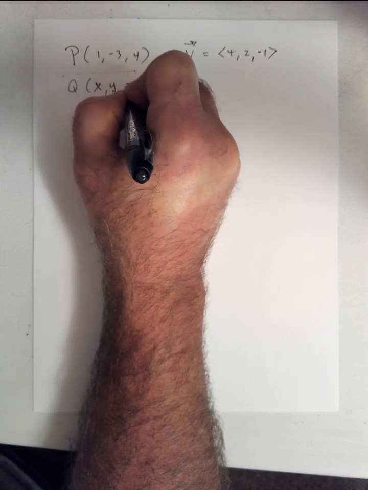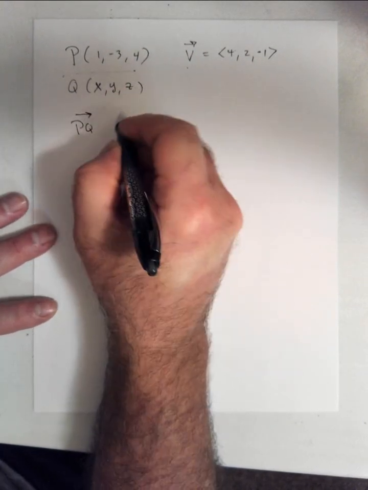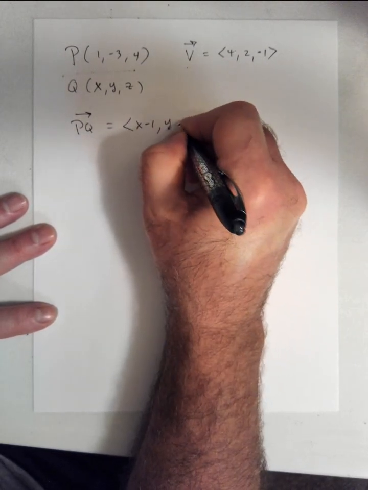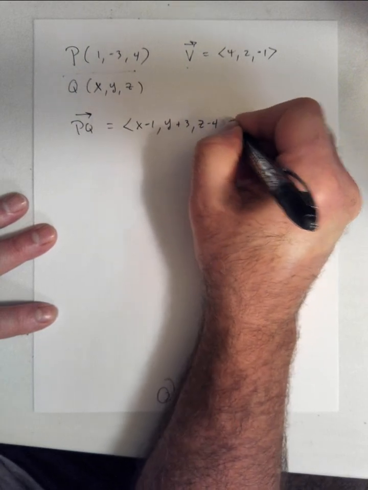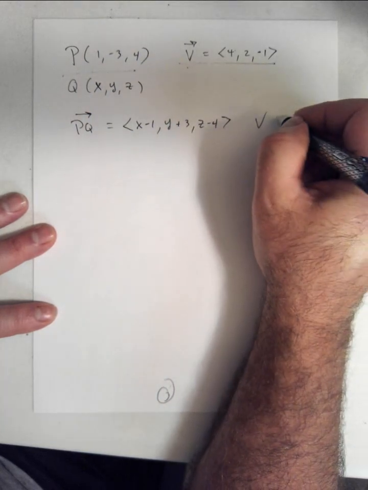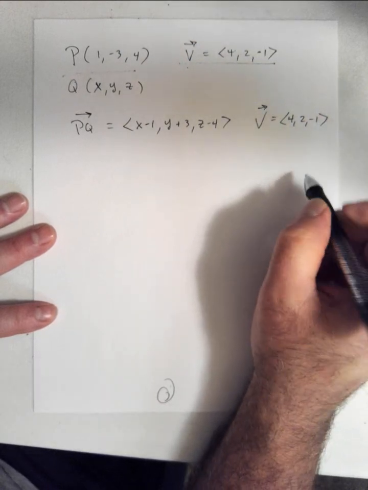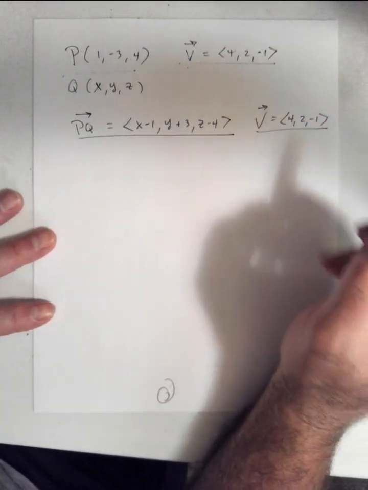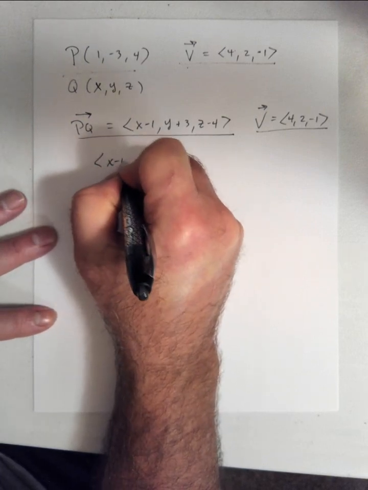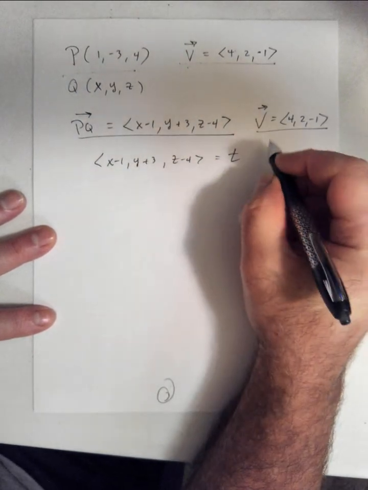Some x, some other point on the line, translate using P as the initial point to get the vector. So this becomes x minus 1, y plus 3, z minus 4. And we know that this vector now, because that's my slope vector, is parallel to v, which is 4, 2, negative 1, which means this vector is a scalar of that. So we bring in some scalar multiple. So x minus 1, y plus 3, z minus 4 has to equal some scalar.